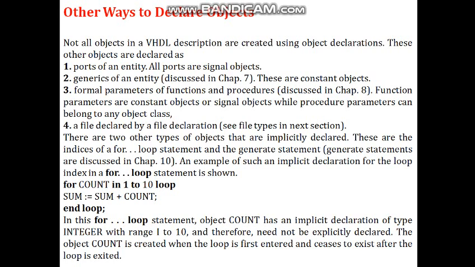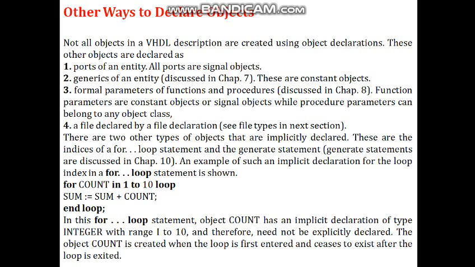There are two other types of objects that are implicitly declared. These are the indices of a for loop statement and the generate statement. An example of such an implicit declaration for the loop index of a for loop statement is: for count in 1 to 10 loop, sum := sum + count, end loop.